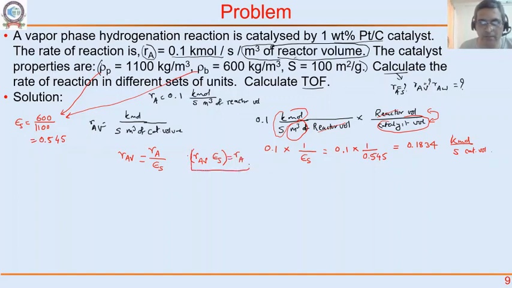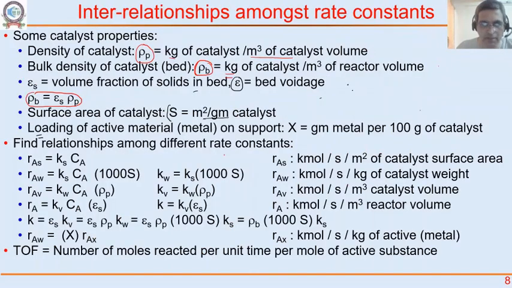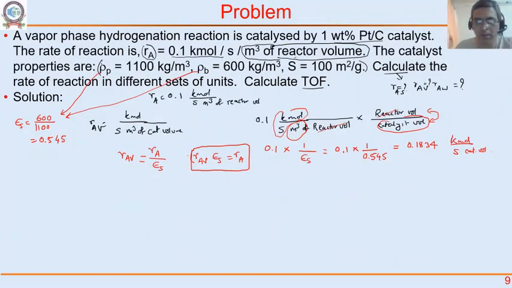Do you agree with that? Yes, this is what we had written. This is how we have related RA and RAV. So just see that. Let's go forward, then you can come back. Now we have got RAV.